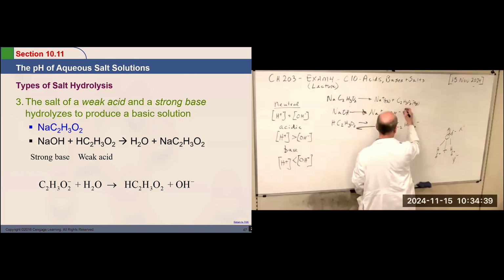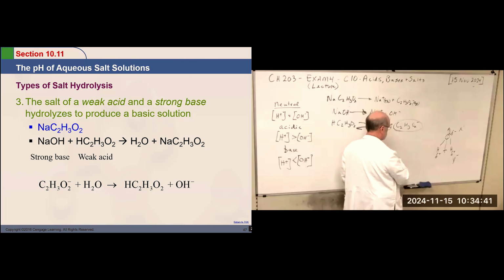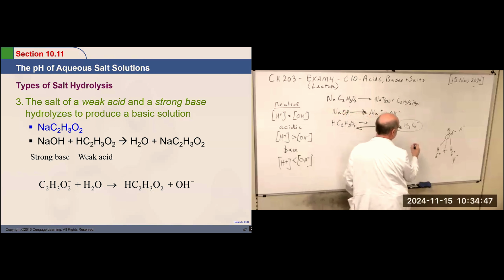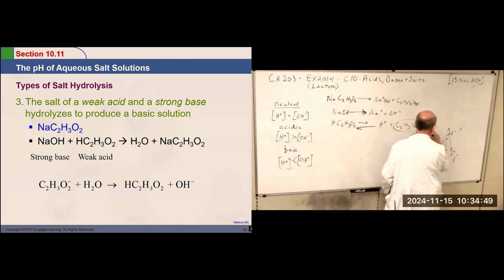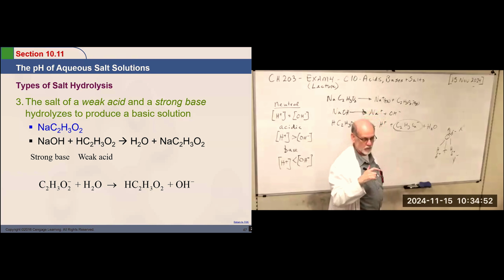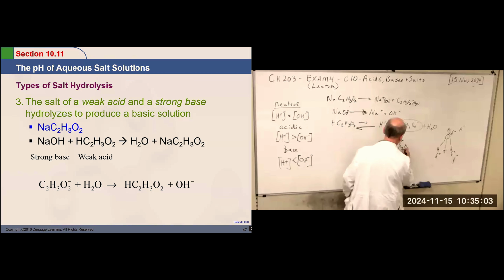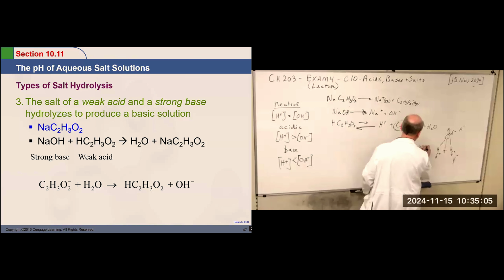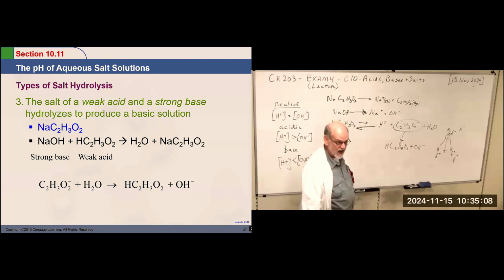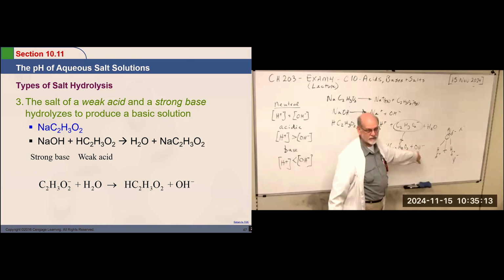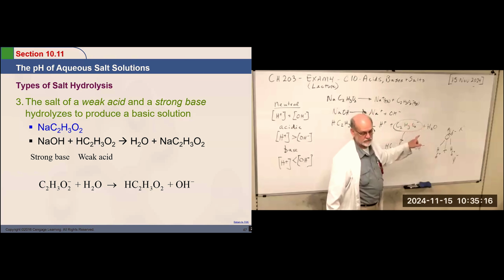That would react with water molecules and take a proton from that water. So water becomes the acid, donating to this conjugate base. What do you get from that? You get this plus that. A lot of it, because it wants to be on this side over here. That leaves behind hydroxyls. That gives you a basic solution.